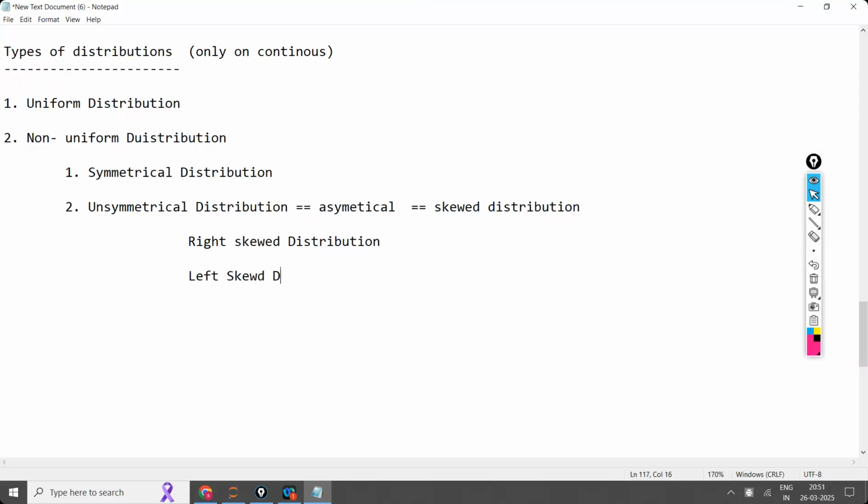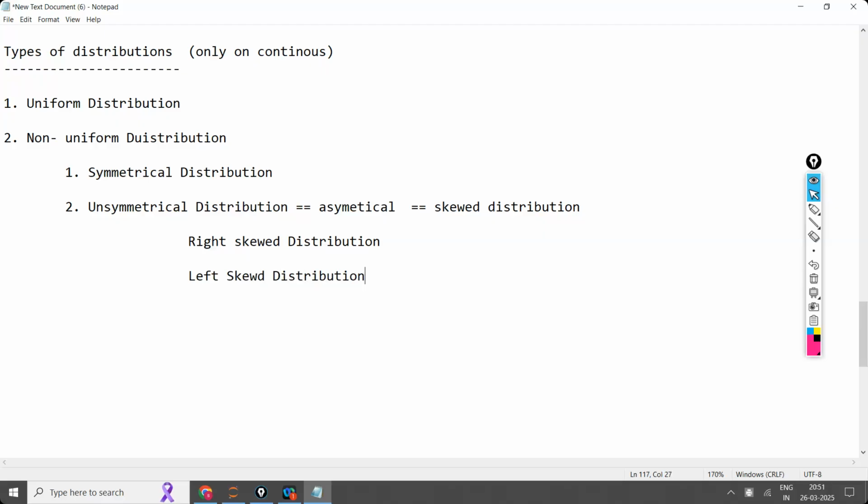So one column for one example. Basically, in that data set, what are the numbers you are seeing? One column is for one example. The UD column is for uniform distribution. The X column is for symmetrical distribution. The Y column is for right skewed distribution.